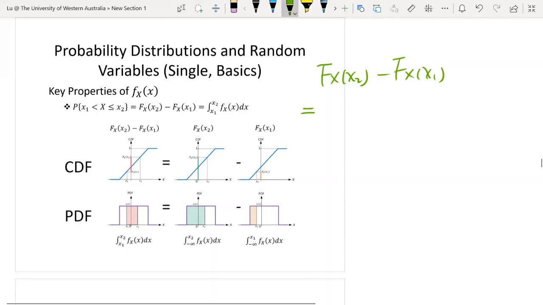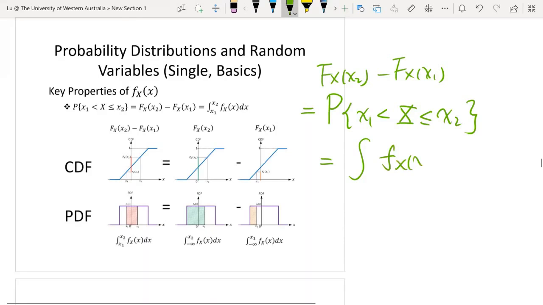This is actually evaluating the probability that the random variable capital X falls into the x1 to x2 region, which can be calculated as the area of the section under the curve of the PDF from x1 to x2.